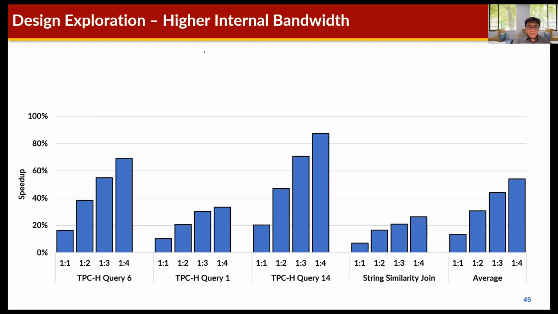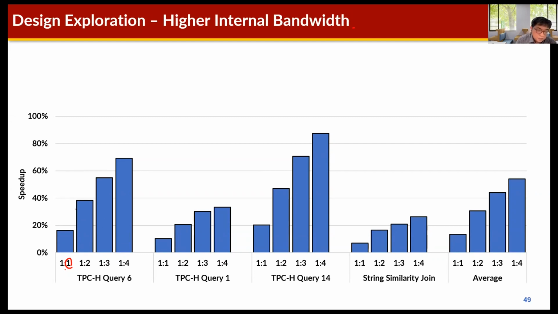So we apply the higher internal bandwidth in the development board. One-to-one means this is the external bandwidth and this is the internal bandwidth. So 1 to 2 means that the internal bandwidth is double the external bandwidth. And then we measure the speed up by summarizer.